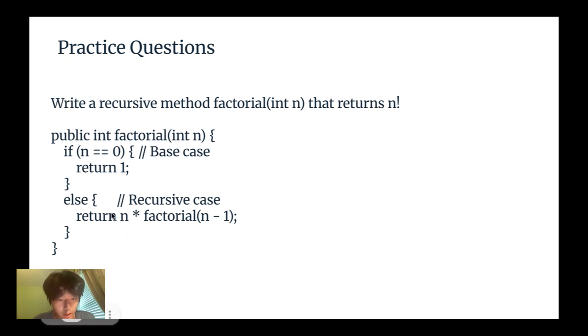We don't know n factorial yet, so we're breaking down the problem into n times (n minus 1) factorial. So in here, it's written as n multiplied by factorial of n minus 1, and we keep going like that. We don't know the value of factorial n minus 1 yet, so we calculate it by doing n times n minus 1 times the factorial of n minus 2, and so on.